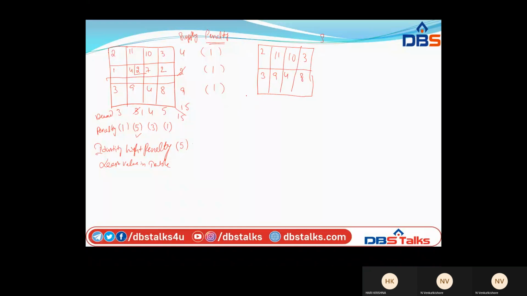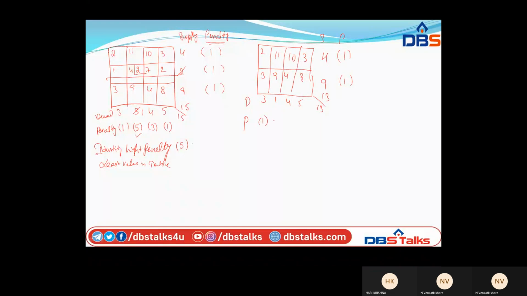So what is the supply and what is the demand? What are the penalties? 2 minus 1, 1. Here 3 minus 4, 1. What are the supplies? 4 and 9. Here 3, 1, 4, 5. So approximately everything is the same.